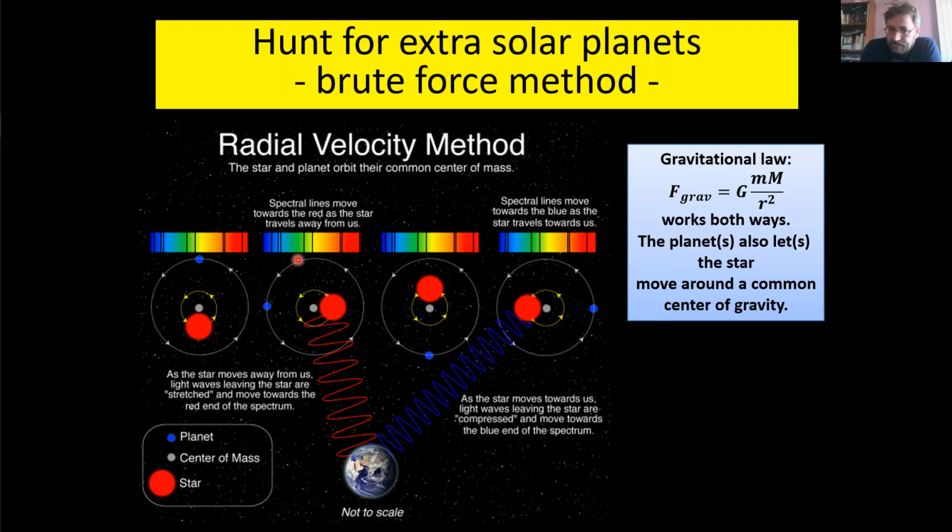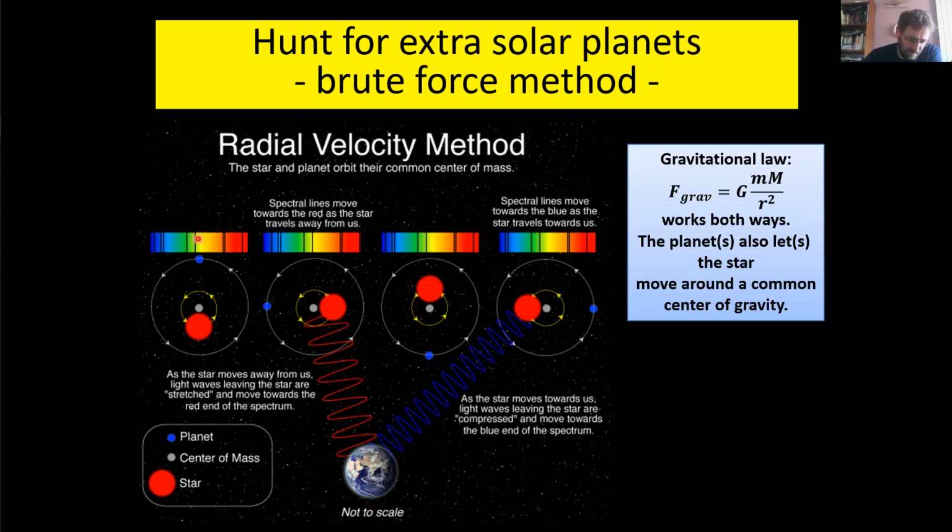Of course, the gravity that keeps the Earth on its orbit is coming from the sun. But in the same way, with the same force, the Earth is pulling on the sun. It's just that the sun has a much bigger mass, is much more inert, and doesn't like to move that much. But nevertheless, the sun is also dancing a bit around the common center of gravity.